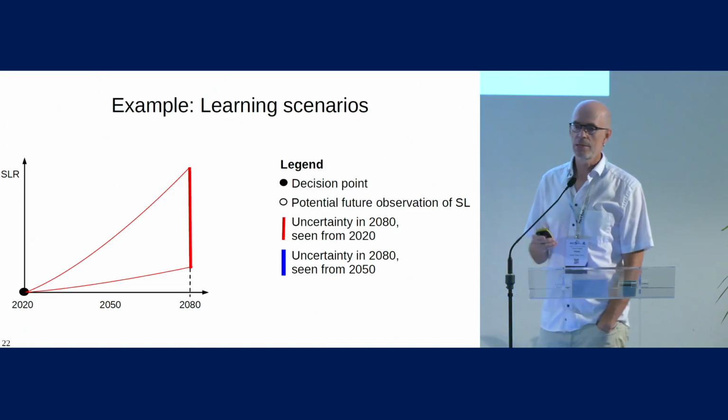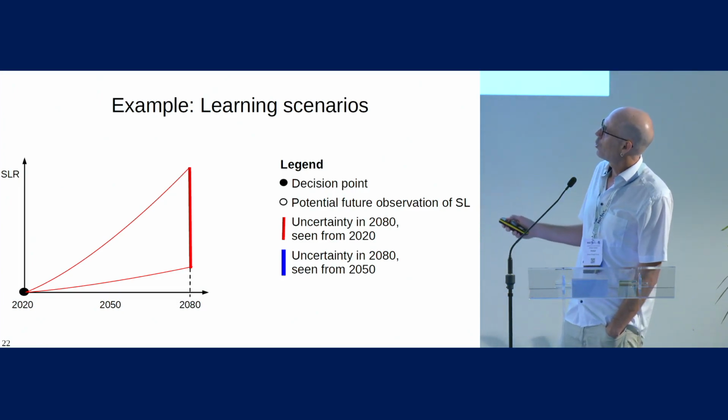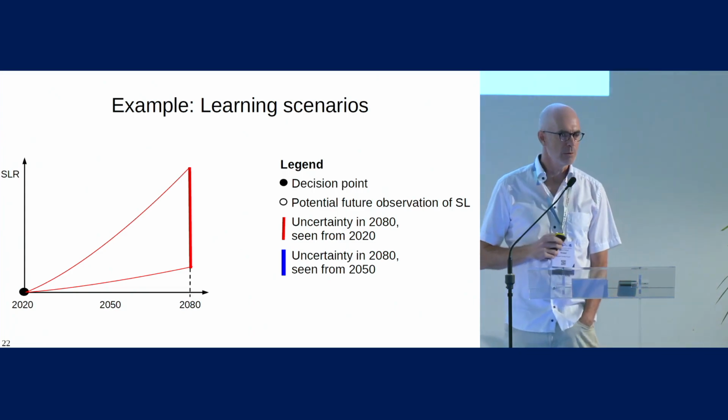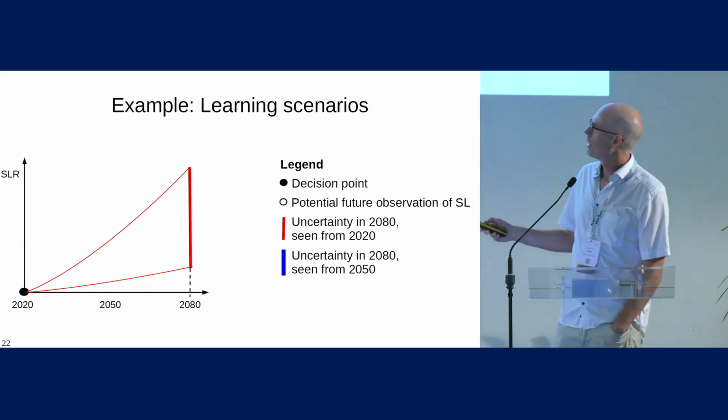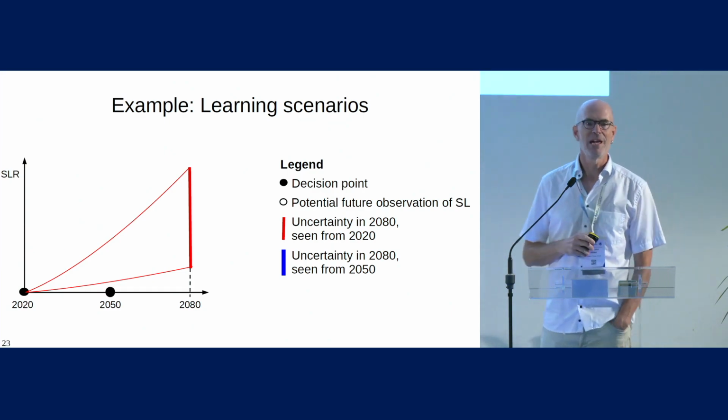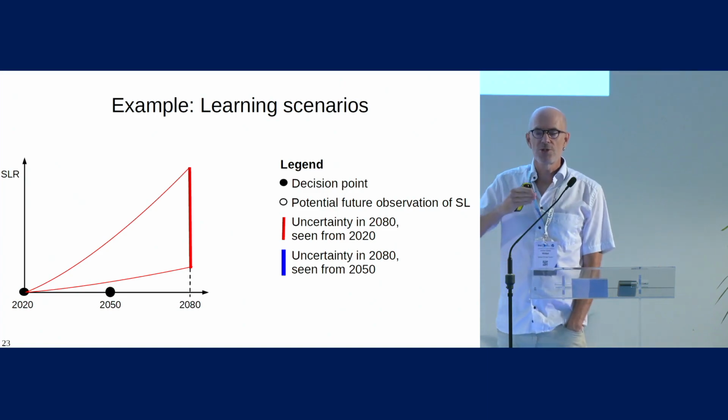So what you see here is the typical scenario where we have, for example, the likely range in 2080 seen from today. That assumes we decide everything today. However, as you've seen in my examples, most decisions are multi-stage.